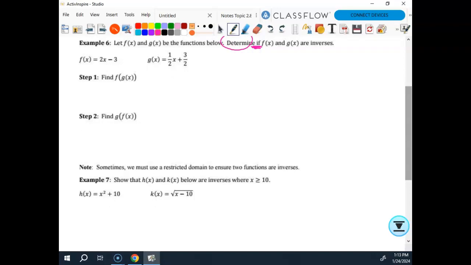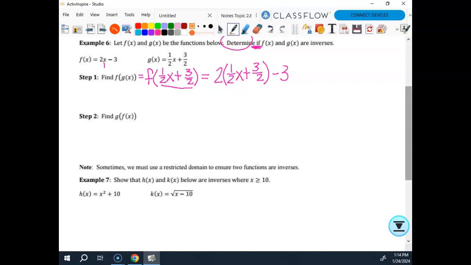So f of g of x equals f of, and then g of x is 1/2 x plus 3/2. So that means I'm going to take this and substitute it into f everywhere I see an x. So this is going to be 2 times 1/2 x plus 3/2, and then I still have that minus 3.